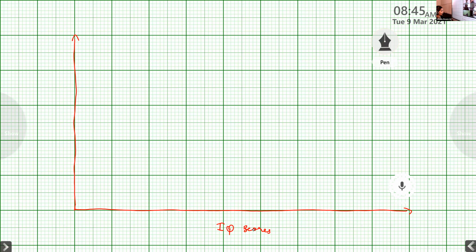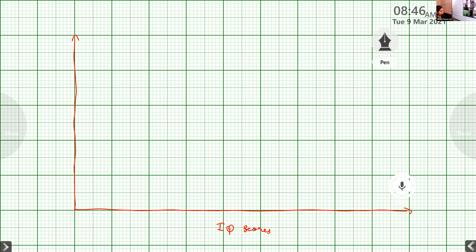Who will read now? Aishwarya, read. Only a few people have either very high or very low scores. Underline that also. The frequency distribution for the IQ scores tend to approximate a bell-shaped curve called the normal curve.